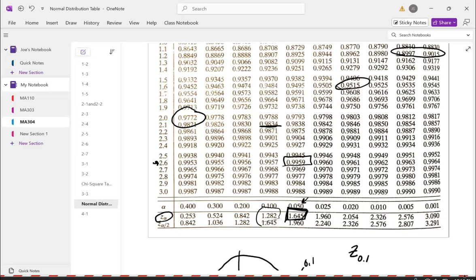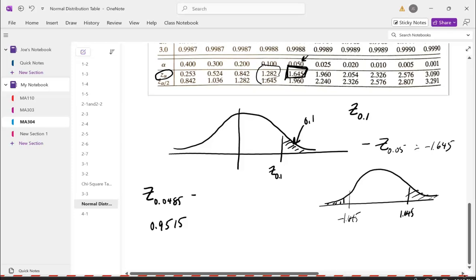0, 1, 2, 3, 4, 5, 6. So that must be 1.66. And then the problem asks for the negative, so you put the negative sign in front of it. It was the problem that asked for that, right? So it's going to be in front of both of them. The negative didn't matter for actually finding the value.